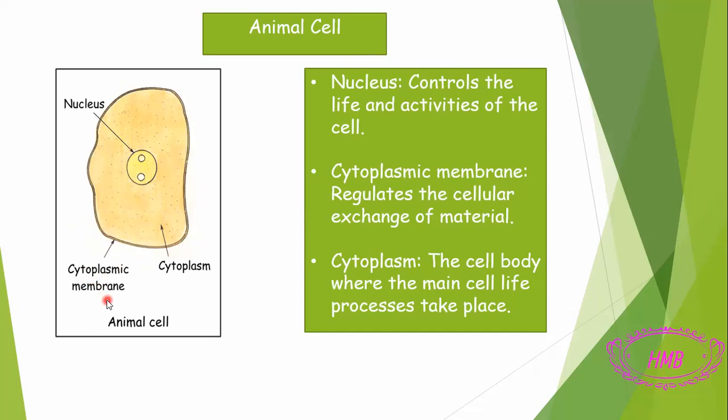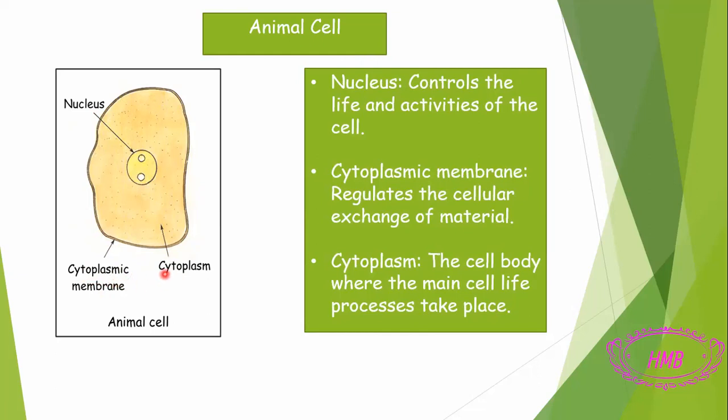And you have only one border, or one outer covering. The central part that is inside the cell and has a round shape, we call it nucleus. The space where the nucleus lies, we call it cytoplasm.